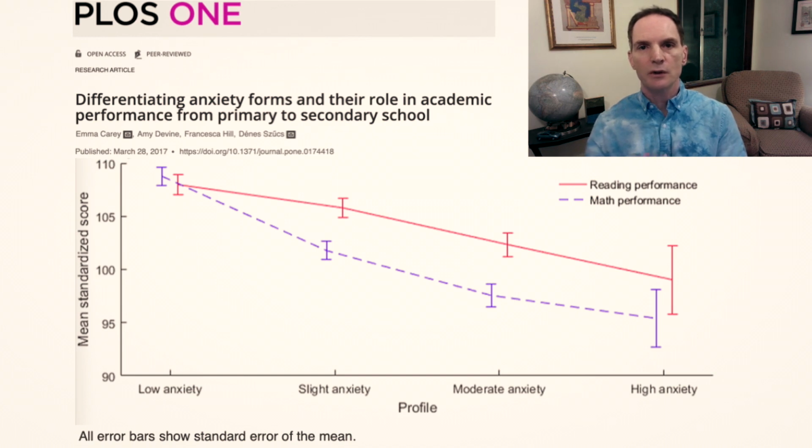There are just four different groups from low to high, and there are two different kinds of tests, reading and math, and the test scores are on the y-axis. We can see the lines. There are really four points for each line: the four means, the mean for each group, and each mean has an error bar to indicate the variation.